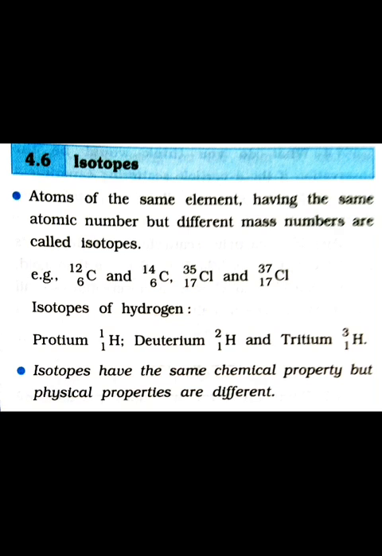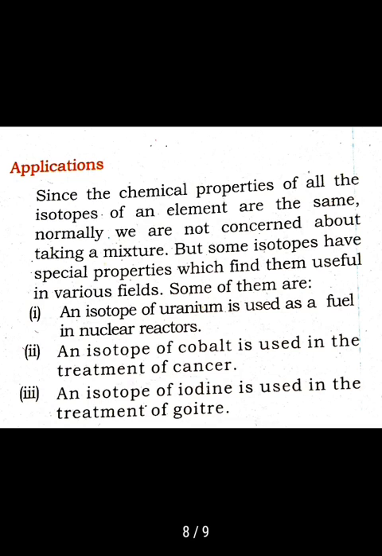But if the element occurs in isotopic forms, then we should know the percentage of each isotopic form, and then the average mass has to be calculated. And we can see the applications of these isotopes.